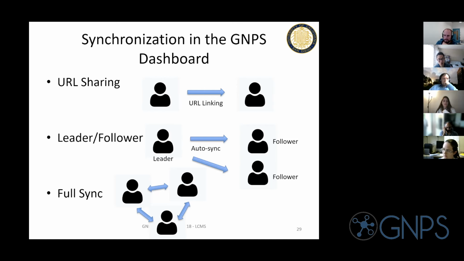Whenever you're teaching undergrads or graduate students how to navigate the data structure of mass spectrometry, specifically untargeted mass spectrometry data, for the first time, you want to lead them for the first half of the class. And so you have this audience or this group follow along with your particular analysis, and they're tightly coupled. If I do something, they see exactly what's happening.